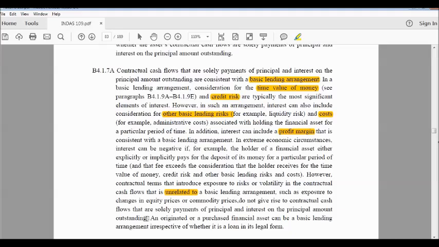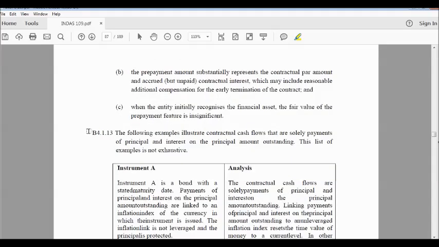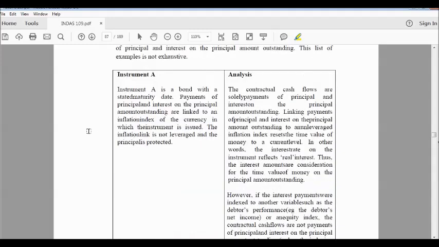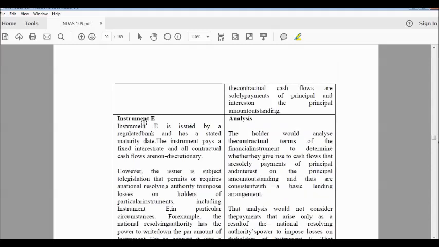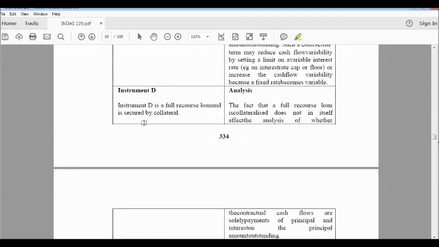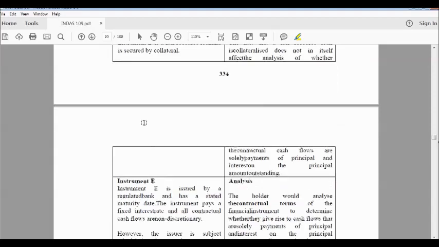Another example is given in paragraph number B4.1.14, which is instrument number G. Here instrument G is one of those cases where you can say the payment is not solely payment of principal and interest.